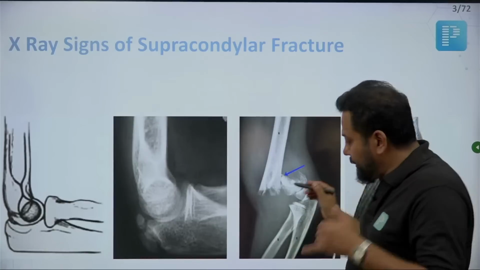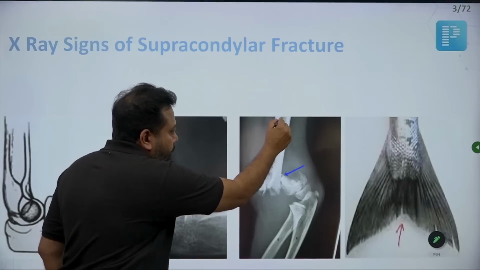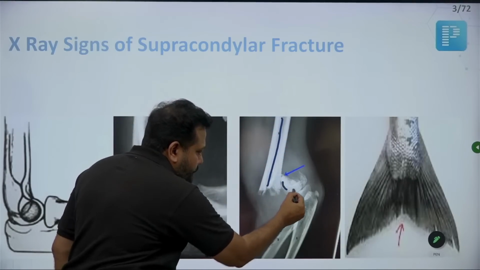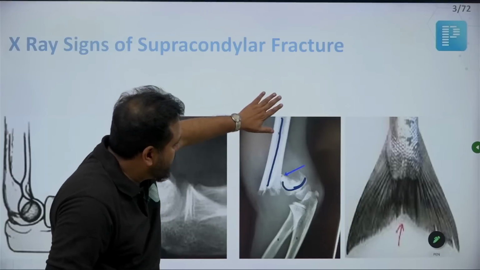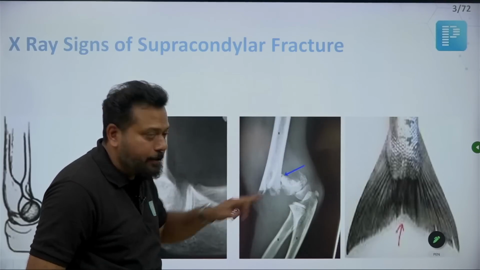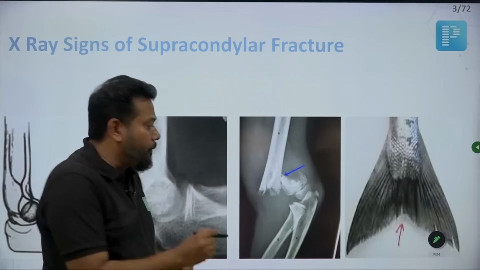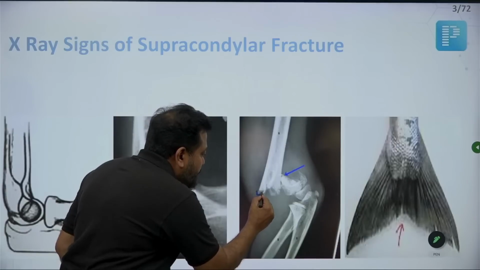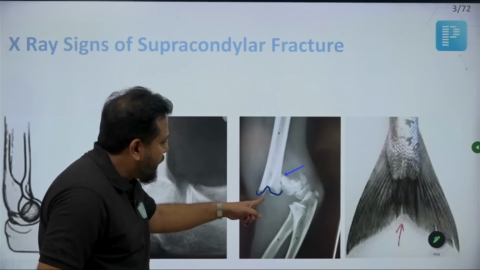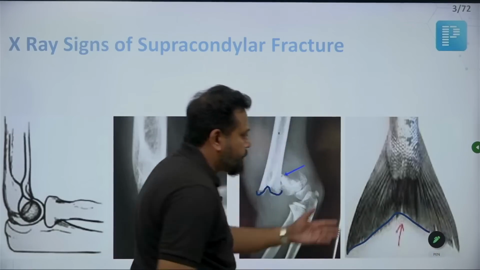First point. Second radiological sign. You see carefully. The big fragment is the proximal fragment. The small one is the distal fragment. Supracondylar fracture has happened. You just see the edges, the end of the proximal fragment. It is compared with a fish tail like this.